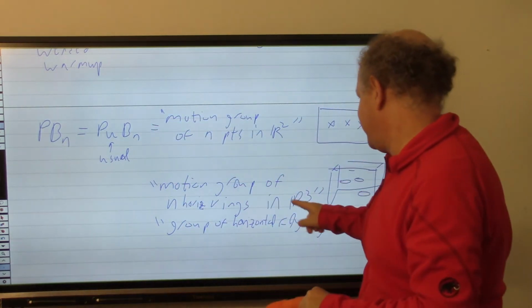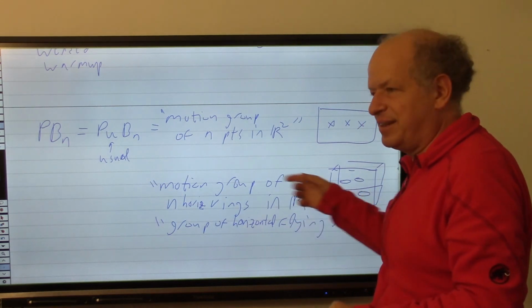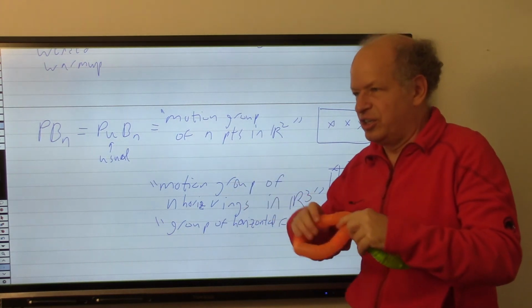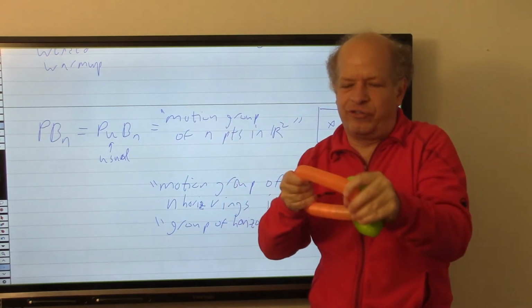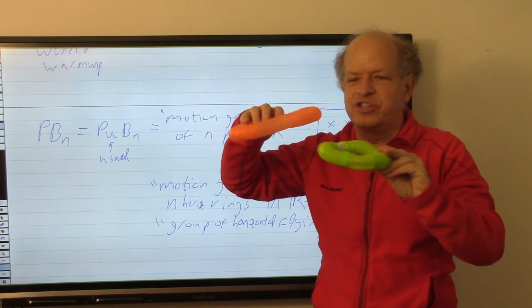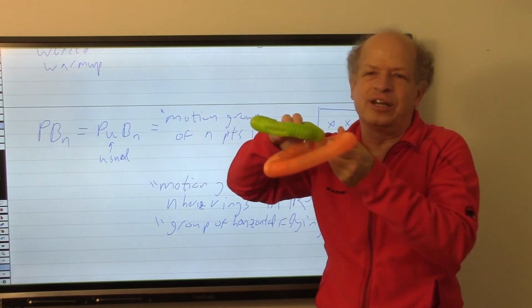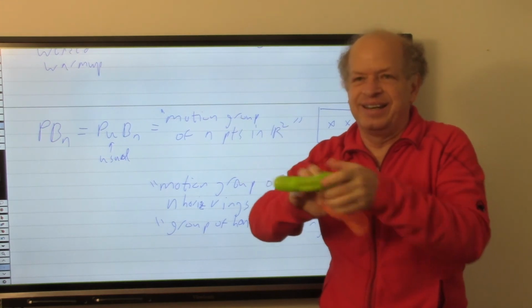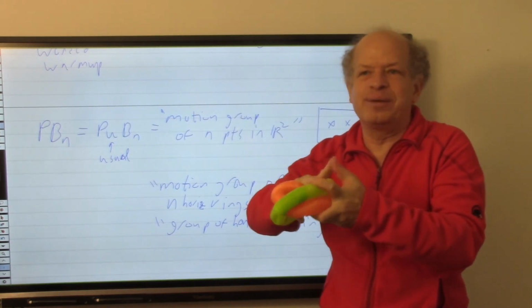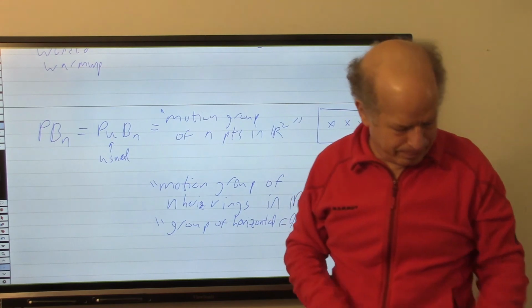So I said that they are horizontal. I didn't say that they are of fixed radius. So for green to fly through orange, orange first has to expand a little bit, and then green can fly through it. And then orange can shrink a little bit, and then it can fly through green back again. Okay?